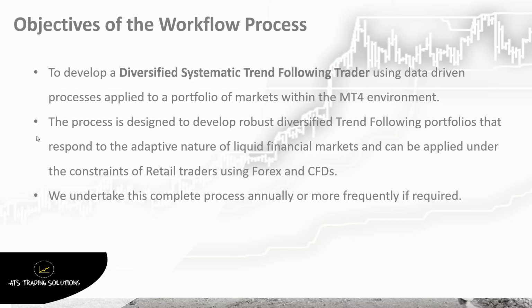What we would call robustness in relation to the application of these models across vast long-term data sets, but also includes an adaptive component that ensures that our models respond to more recent market conditions and have an adaptive quality in them. So there's two processes embedded in this workflow process that allow us to keep these end stage portfolios we've developed what we call razor sharp, always up to date.